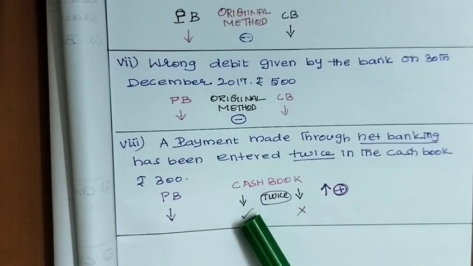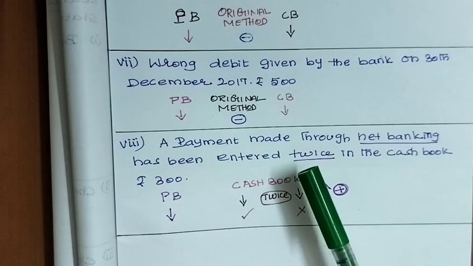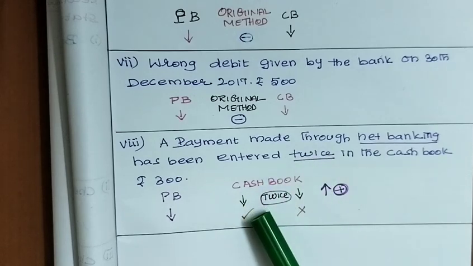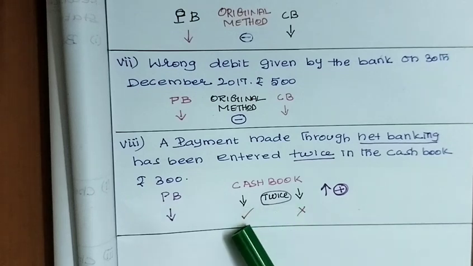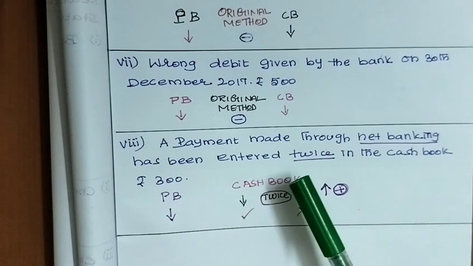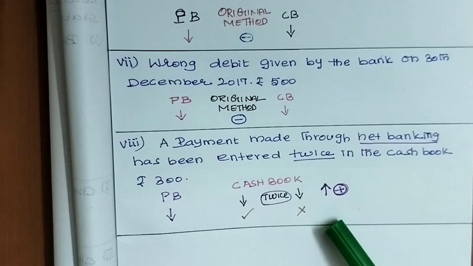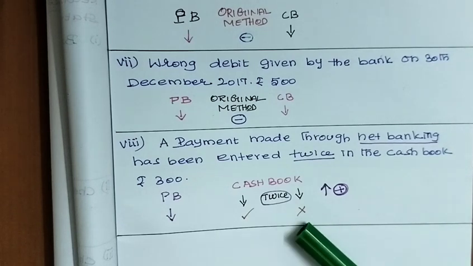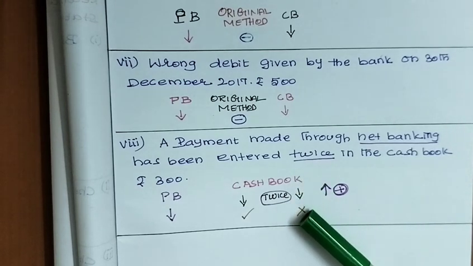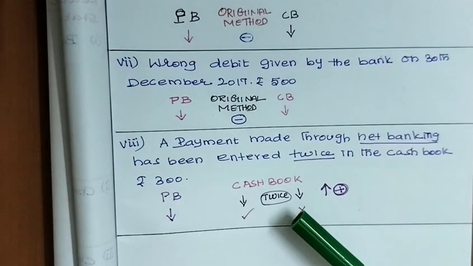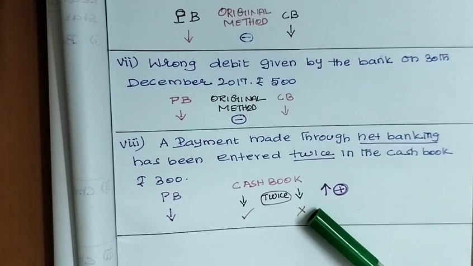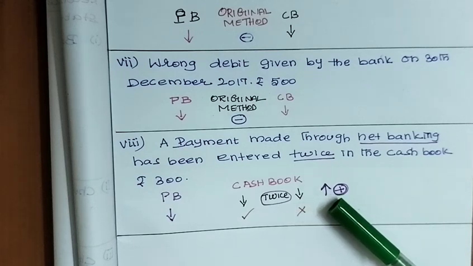Okay, but here listen, two times the cash book made the entry. So the first entry is correct, the second entry is wrong. So we have to rectify the error. This is the error. So the second time also the cash book decreased, so we need to rectify it. The cash book will be increased.